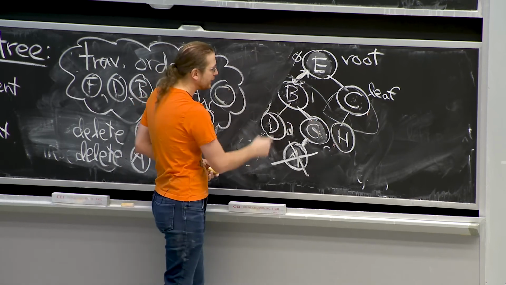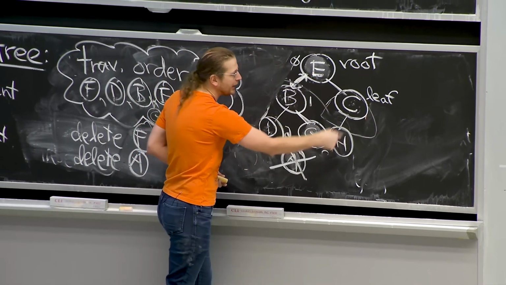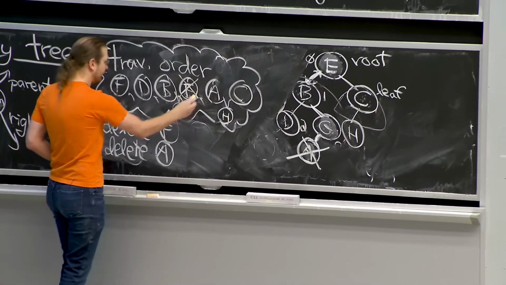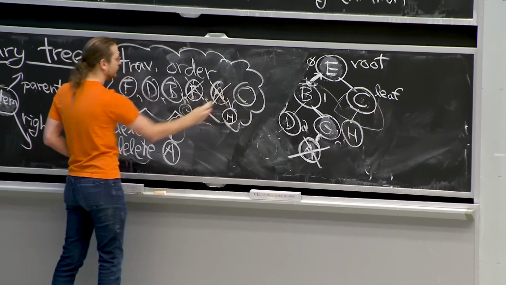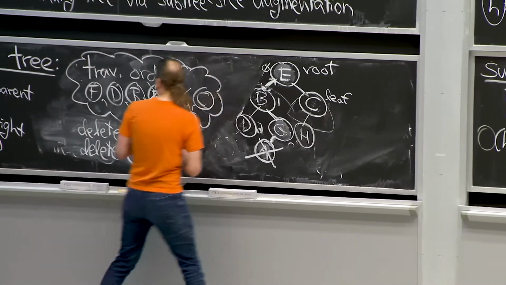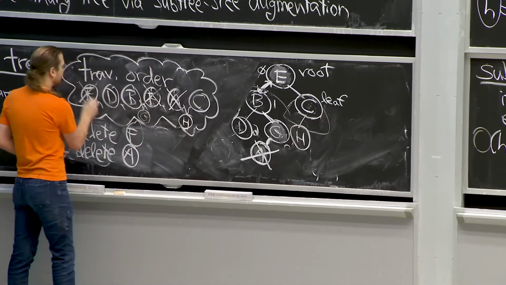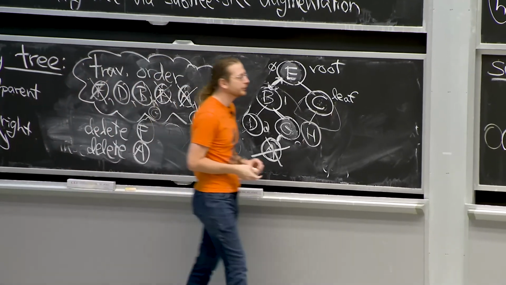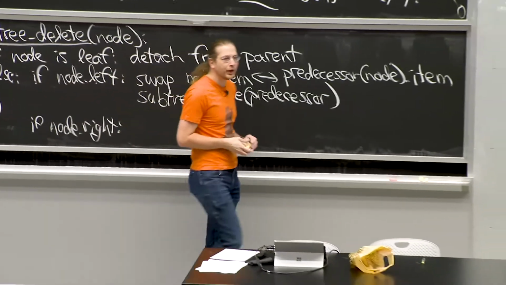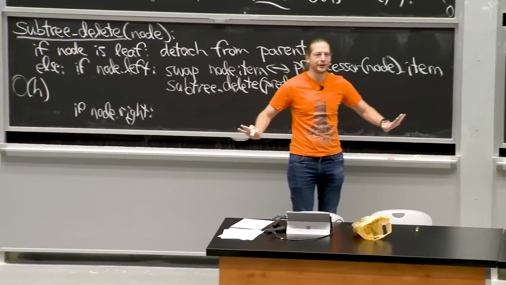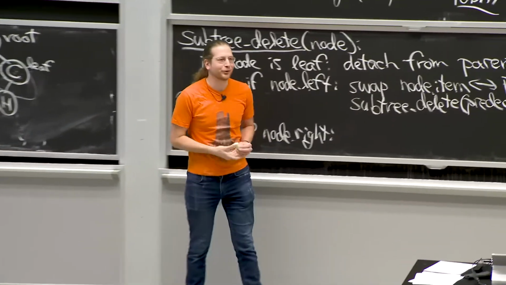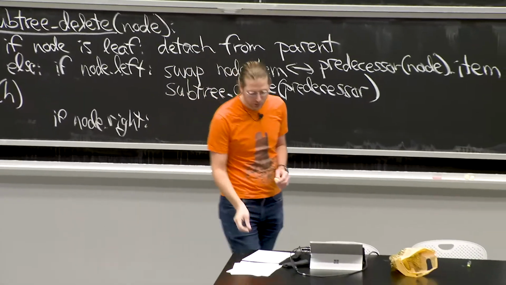The traversal order of this tree is D, B, G, E, H, C, which should be what we get here if I delete F and A. Trees will not preserve connections. That's just the name of the game. We have to allow this, otherwise we can't do anything. That's the short version. Okay?